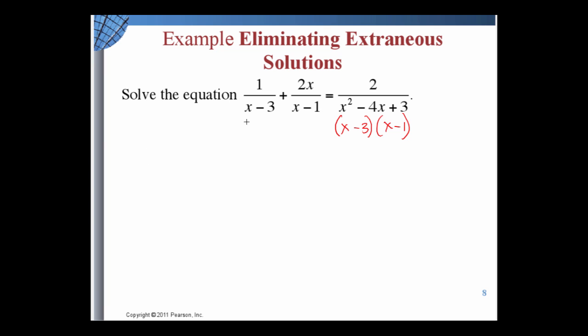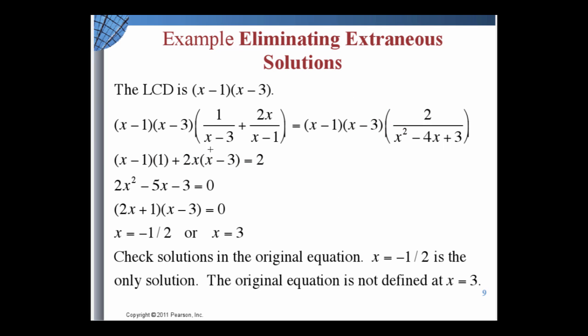Our LCD is going to be made up of all the factors that appear in any of these fractions. So we have an x minus 3 that's in at least one of those fractions, and we have an x minus 1 that's in at least one of these fractions. And if there were any other factors, we would include those in our LCD.